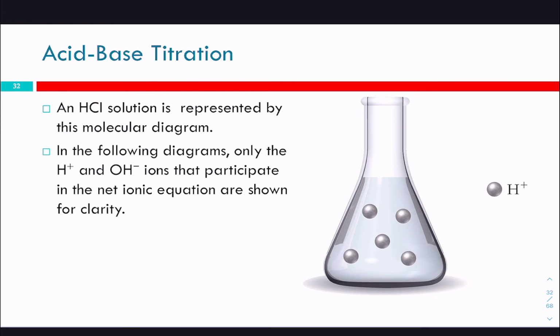So we're going to use these cartoon representations. So this is a hydrochloric acid solution. And here we're only showing the hydrogen ions, right? And we're only going to be showing in these the hydrogen and hydroxide ions because those are the only things that actually do anything in them.